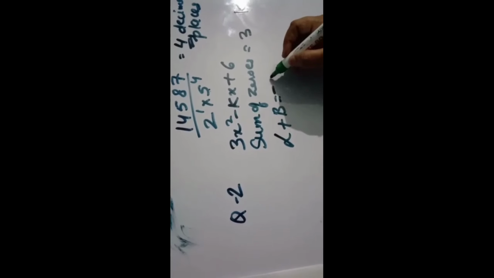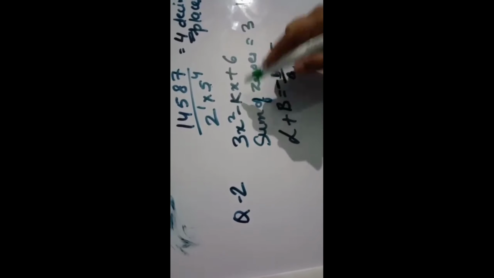Now question number 2. The sum of zeros of the quadratic polynomial is given as 3, and you have to find the value of k. Now the formula of sum of zeros, suppose the two zeros are alpha and beta, alpha plus beta is minus b over a.